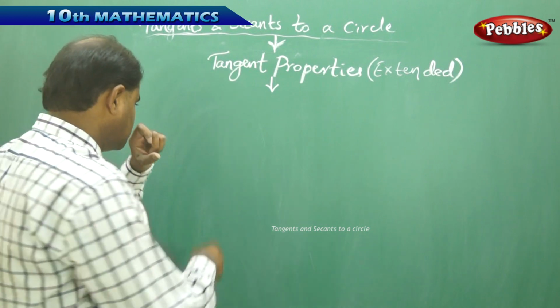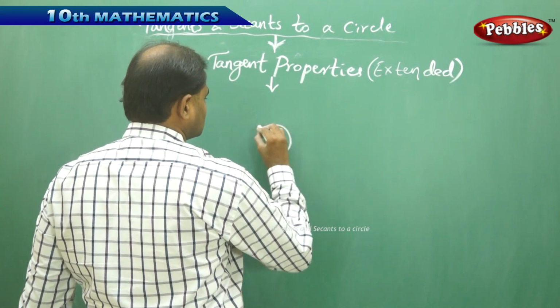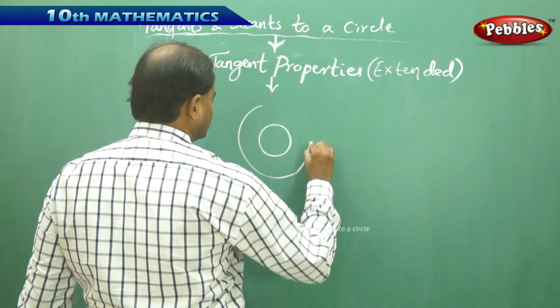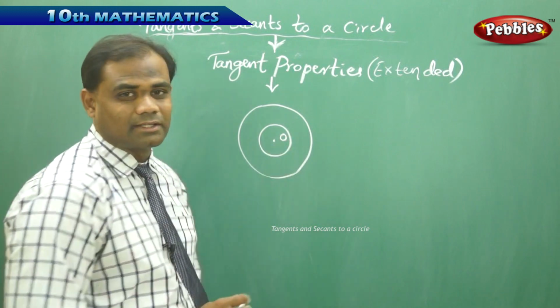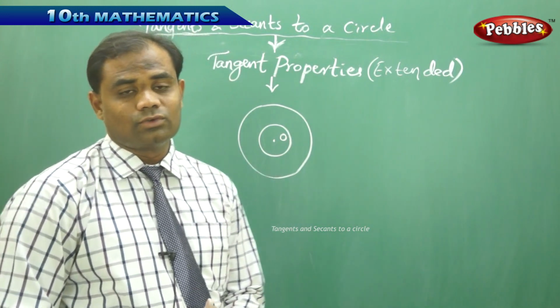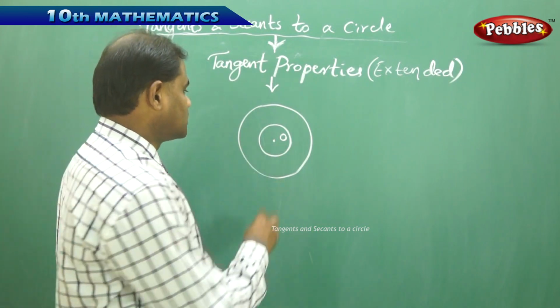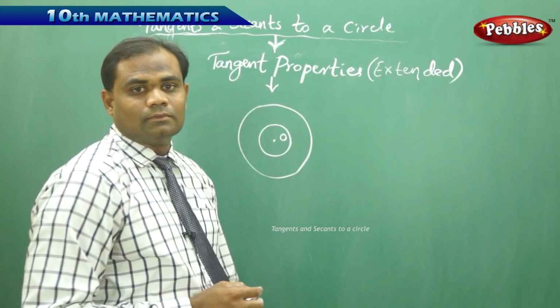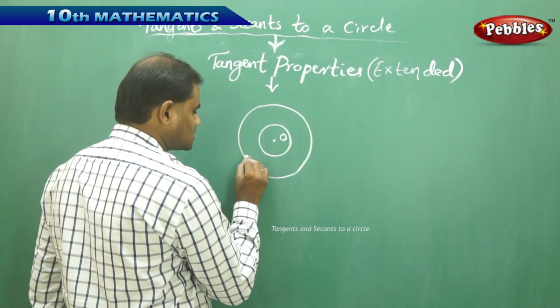So let's take two circles which are concentric to each other, that is, concentric in the sense of having the same center. If two circles are concentric, it implies the two circles are with the same center. Now in this case, let me draw a chord for the bigger circle.